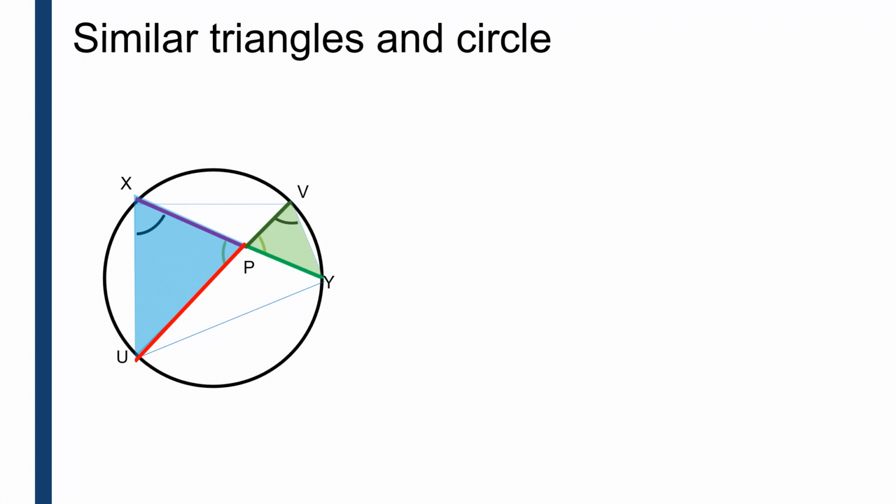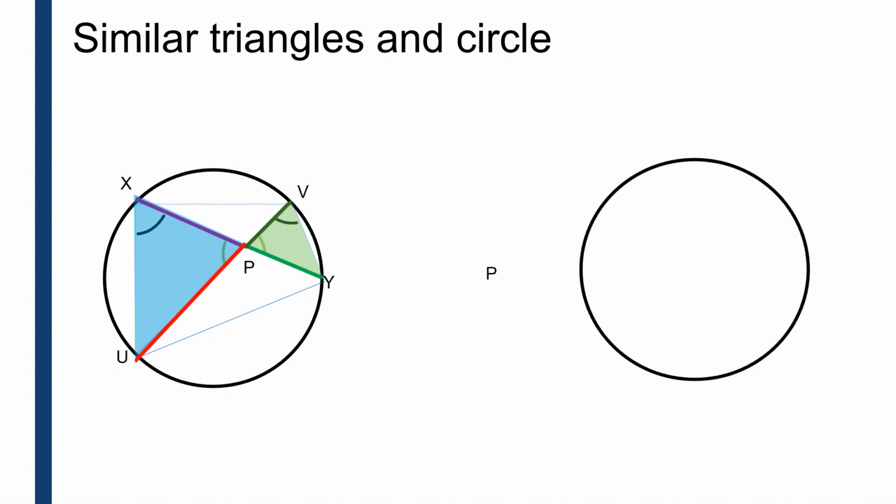Draw a second line, PY and PU, from outside the circle like this, and let X and V be the points where the second line meets the circle.